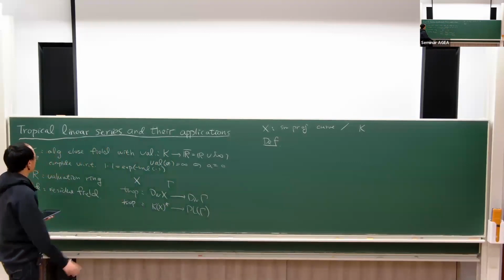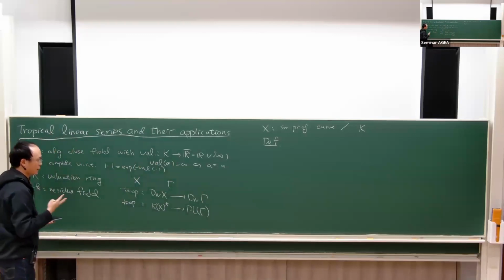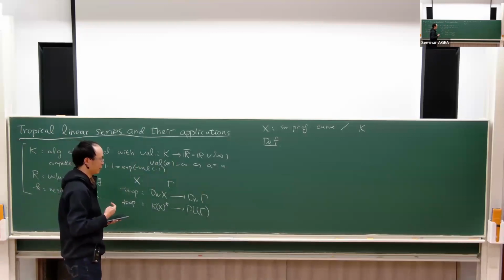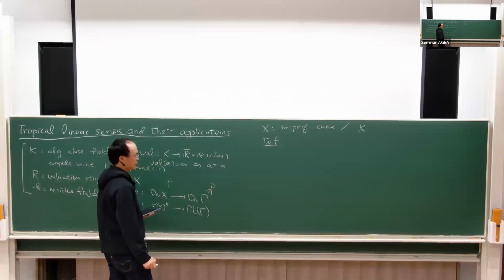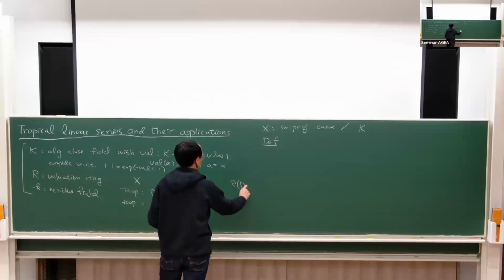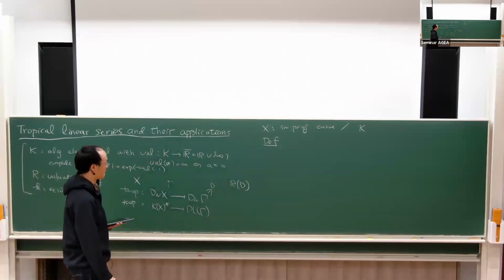So this tropical linear series is something similar to the tropicalization of algebraic linear series. If we have a divisor on this metric graph, then we can consider the complete linear series associated to this divisor on the graph.